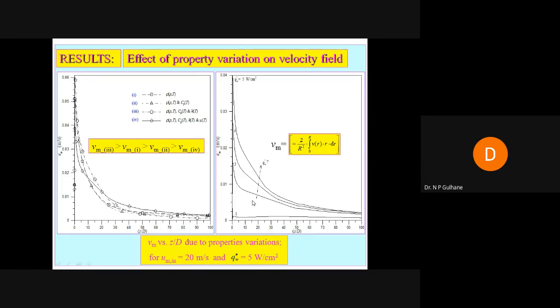If you increase the heat flux Q double prime W from 5 to 10 to 15, you find that this Vm also increases. It is proportional. This particular study has been carried out for UM of 20 meter per second and heat flux equal to 5 watt per centimeter square. So this is one observation, that Vm increases with increasing Q double prime.